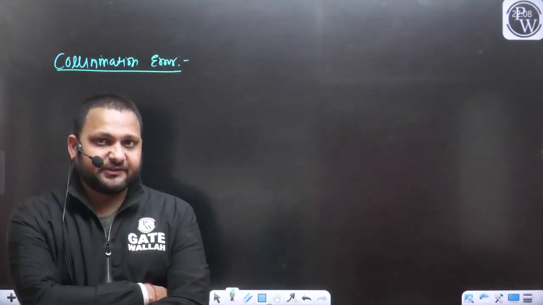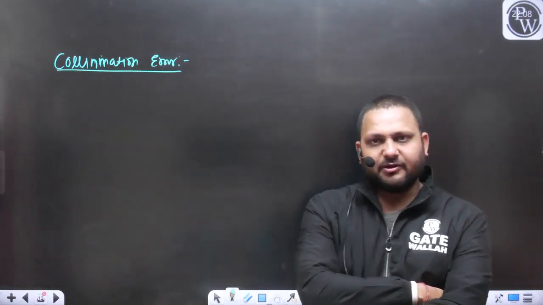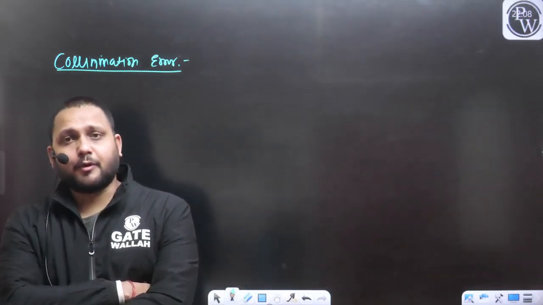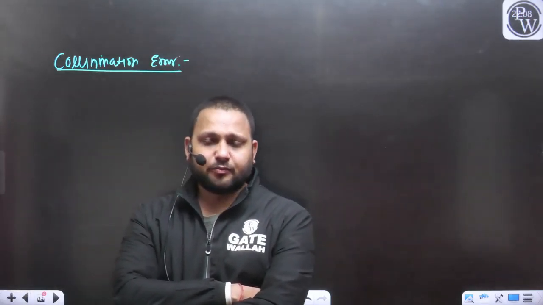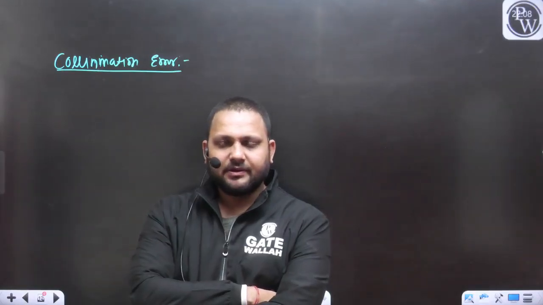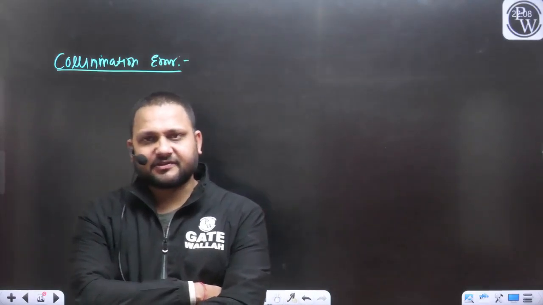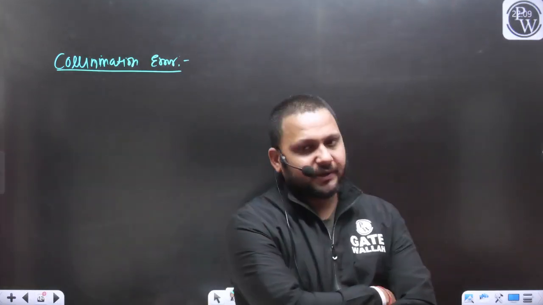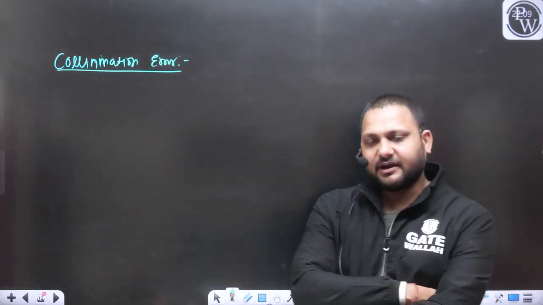You have already ensured. Before taking measurement, first of all we perform certain temporary adjustments, and we have discussed the level of the instrument. Do you remember? In yesterday's class we discussed the temporary adjustment. The first was the setting up, second was the leveling, and third was the focusing of the eyepiece and objective piece.